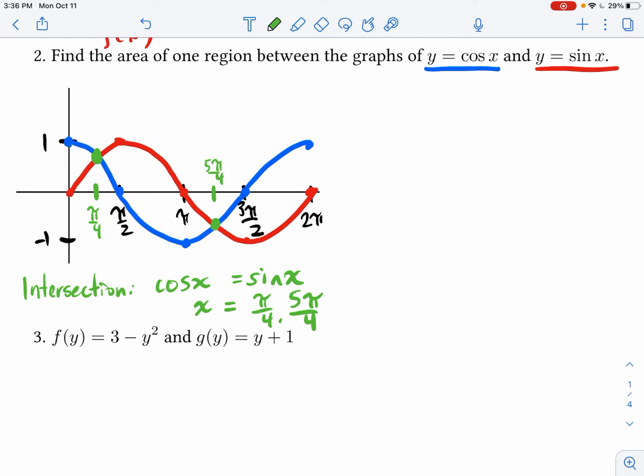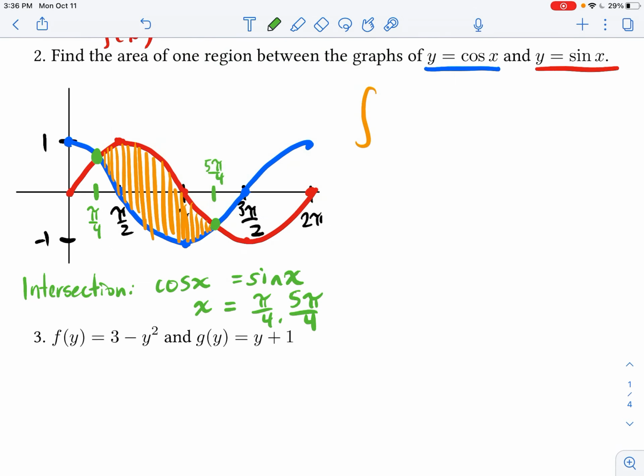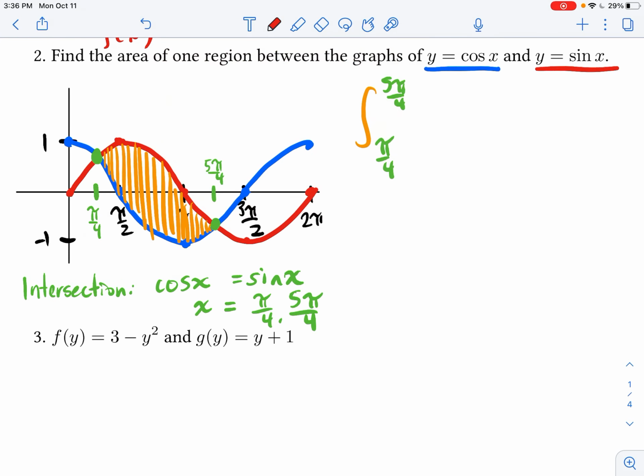Okay? So now I can integrate by finding this region's area, excuse me, as we integrate now from pi over 4 to 5 pi over 4. And in this case, we see that sine of x is going to be the function that is the quote-unquote larger function.